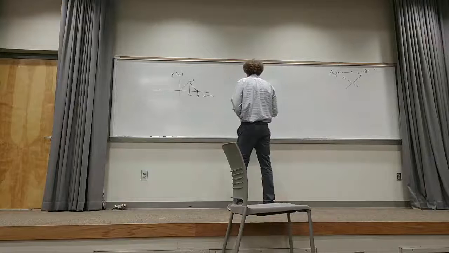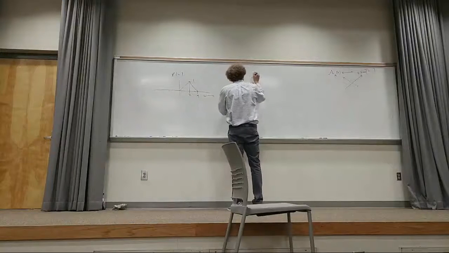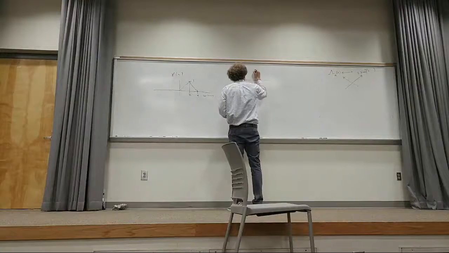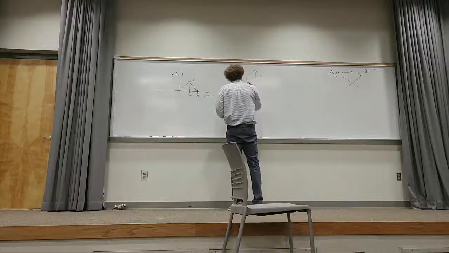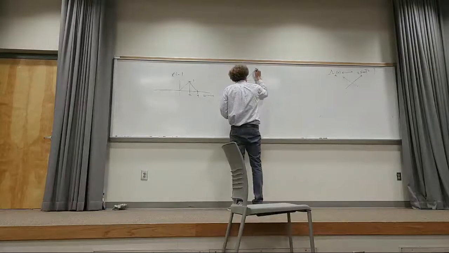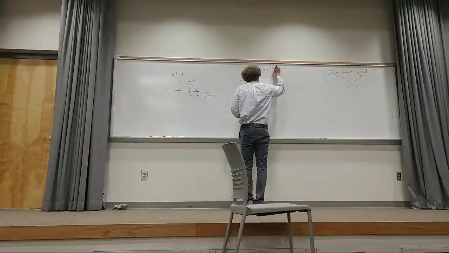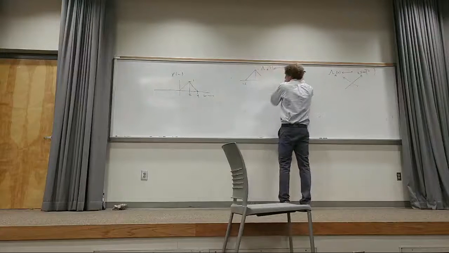I want to find out what function. First I'm going to start with a simple triangle. If I just have this, minus 2 to plus 2, height of 1. This is a triangle function of width 4 of t. And now I want to know what the transform is.